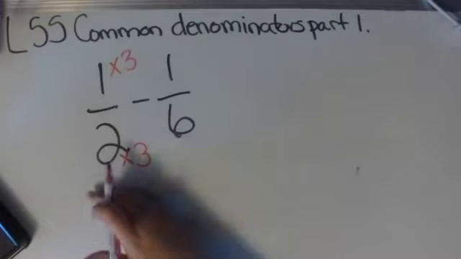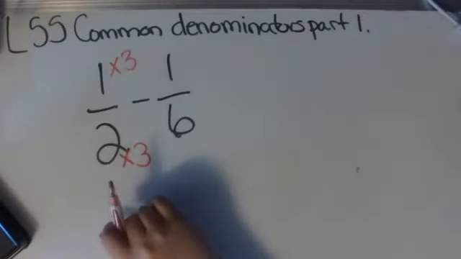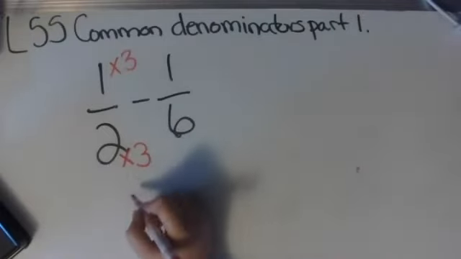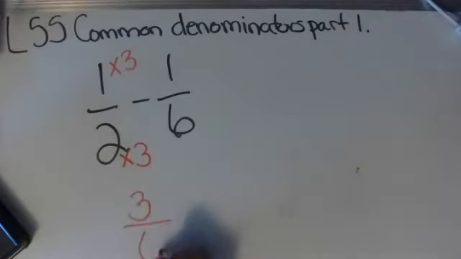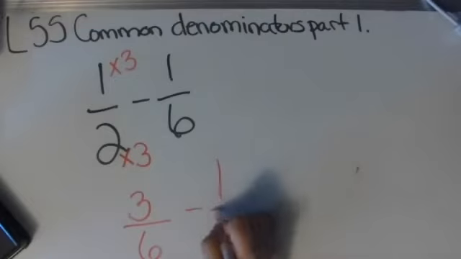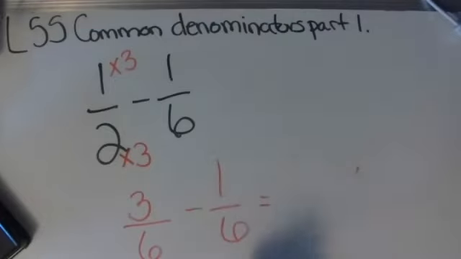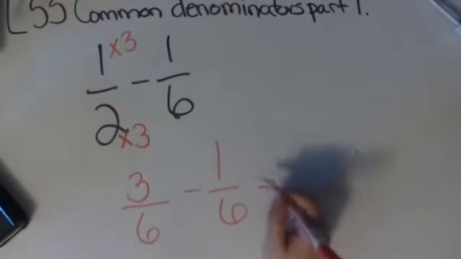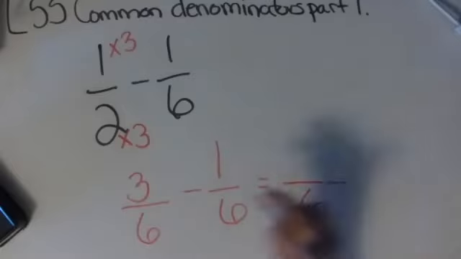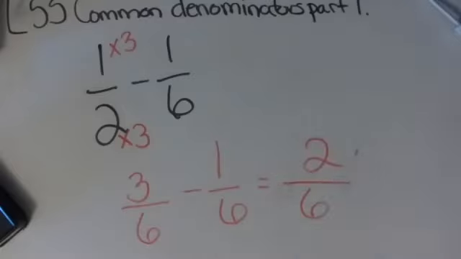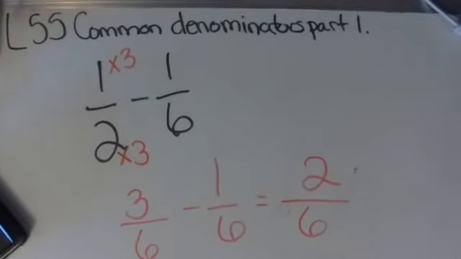Okay, because whatever you do to one side, you have to do to the other. Tops and bottoms equal, which now leaves me with 3 times 1 is 3, 2 times 3 is 6, take away 1/6. And now I can do my math as normal. I bring over the 6, 3 take away 1 is 2, and I have 2/6.